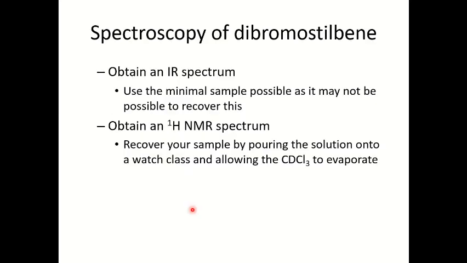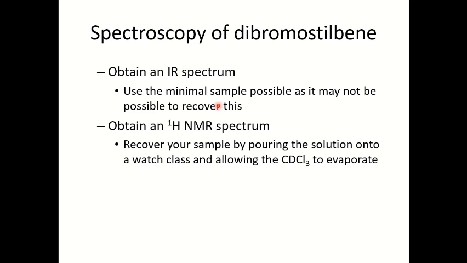Okay, in this case you need to obtain an IR spectrum and a proton NMR spectrum in order to characterize your product. You need to use the minimal sample possible, as it might not be possible to recover it for the IR.